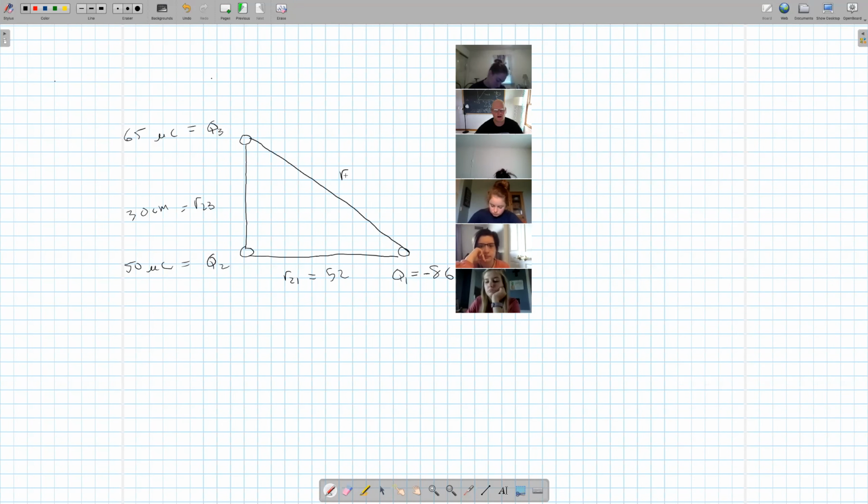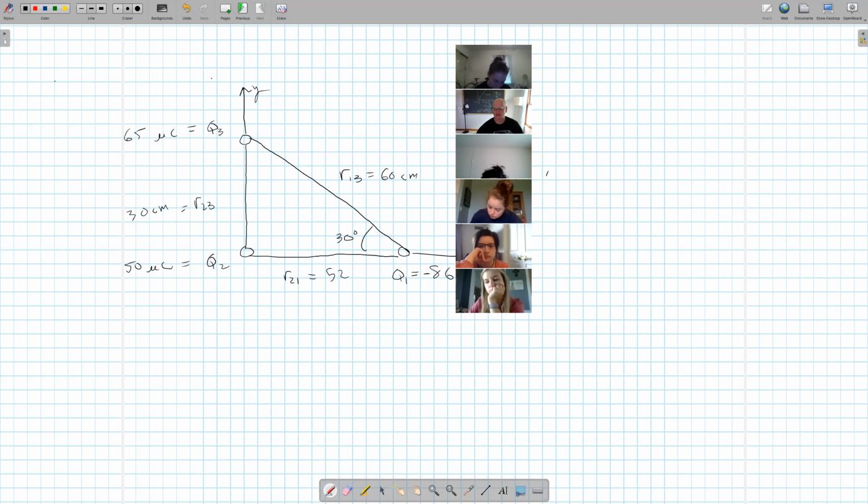So let's call that R13, equal to 60 centimeters, which makes this a 30-degree angle. Okay, great. Here's my y-axis, and here is my x-axis.